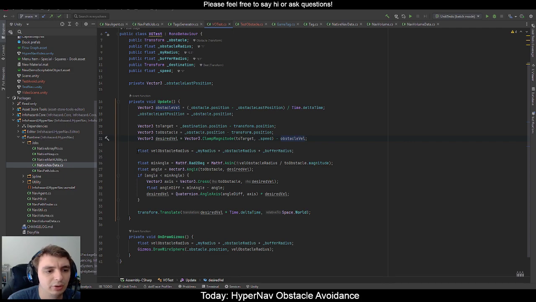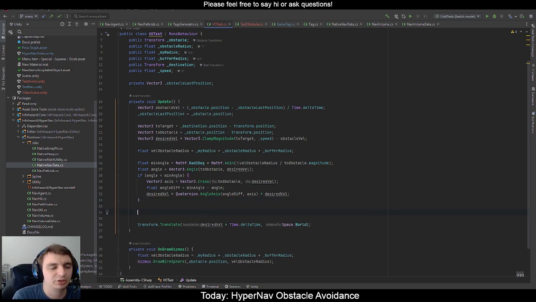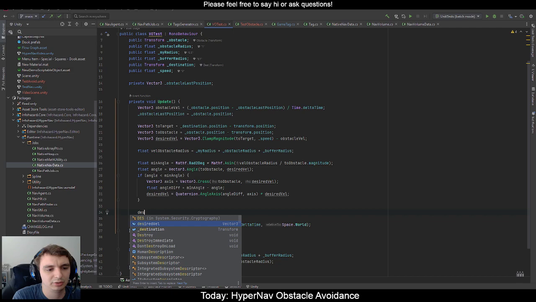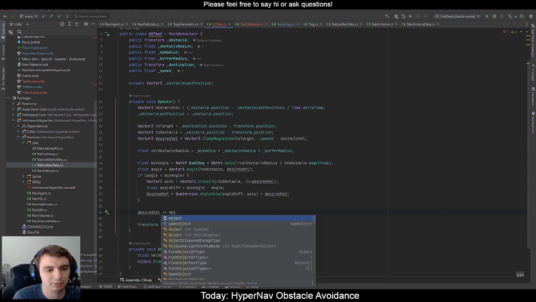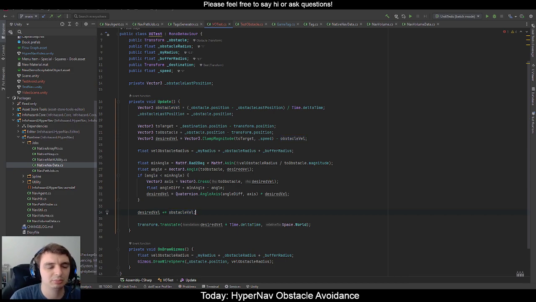So we can do all these calculations in the obstacle's frame of reference, imagining the obstacle as being stationary. Then out here we can just say desired velocity plus equals obstacle velocity to bring it back into the global frame of reference.